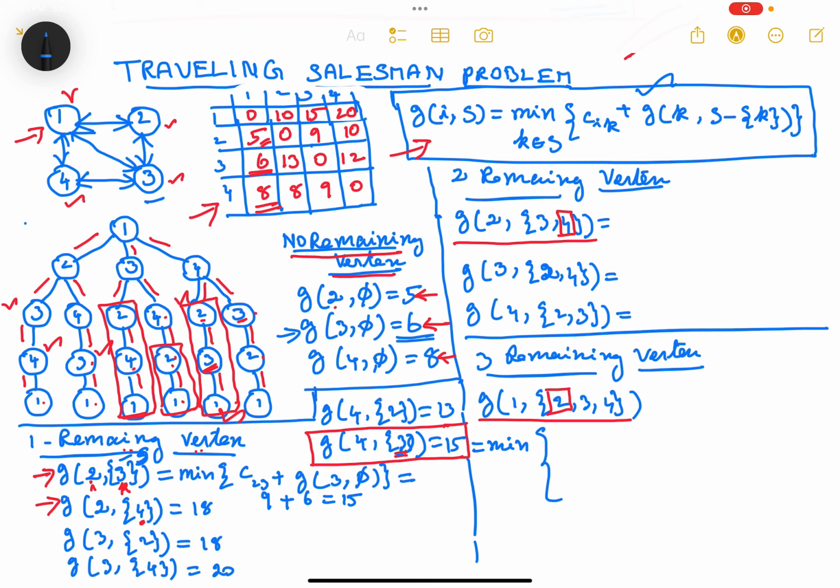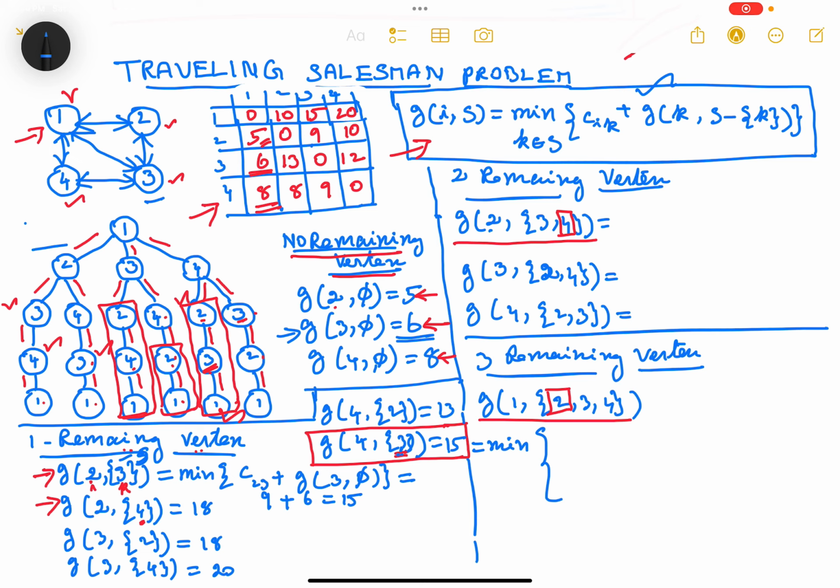Then we are going to solve the next level of the problem, that is, finding the shortest path from one particular vertex to the starting vertex with two intermediate vertices. So we are going to calculate g of 2, {3, 4}, then g of 3, {2, 4} and g of 4, {2, 3}.